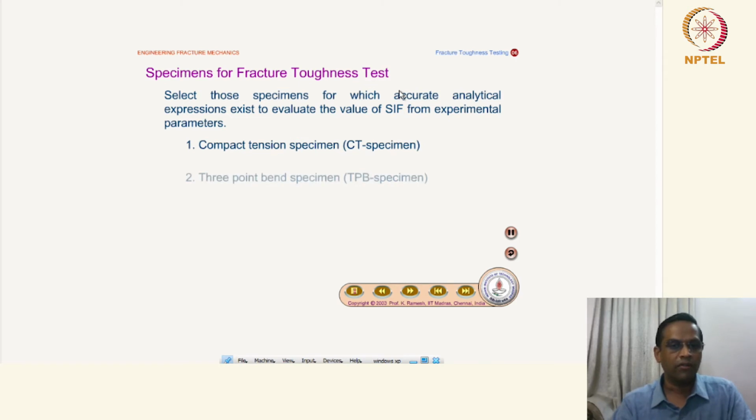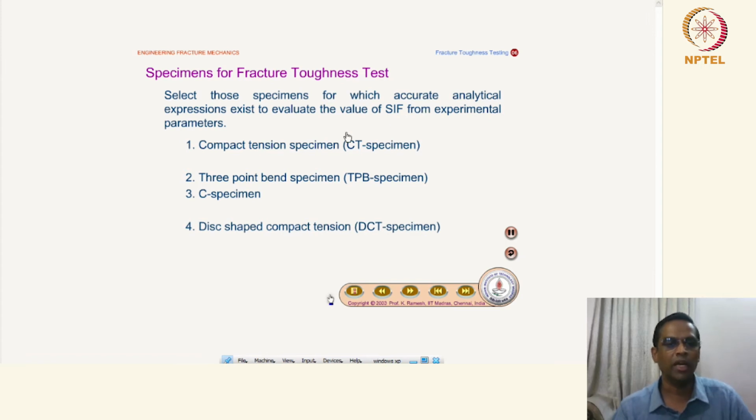Specimens for the fracture toughness test, again, are need based. Select those specimens for which accurate analytical expressions exist to evaluate the value of the stress intensity factor from experimental parameters. The popular ones are the compact tension specimen, known as the CT specimen, the 3-point bend specimen, the TPB specimen, the C specimen, and the disc-shaped compact tension specimen.